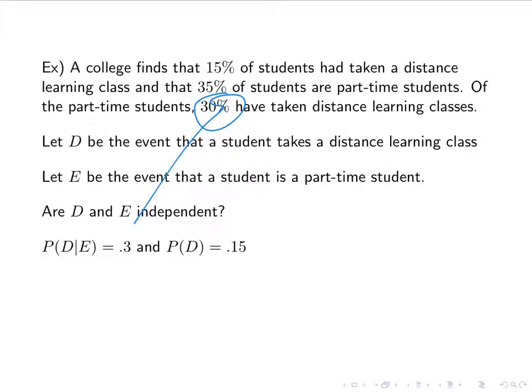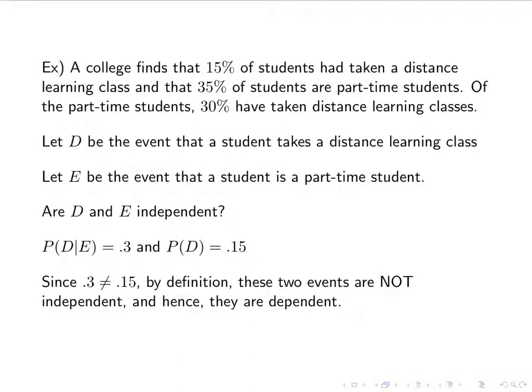The probability of D, the probability of having a distance learning student, is 15%, which is what we have up there. These two are not equal. 0.3 is not equal to 0.15. So by those definitions, the two events are not independent, which means that they are dependent. Okay, so that's how we would show it mathematically. The probability of D given E is not the probability of D, so they are not independent.